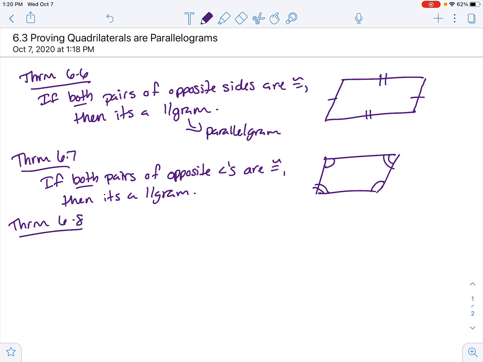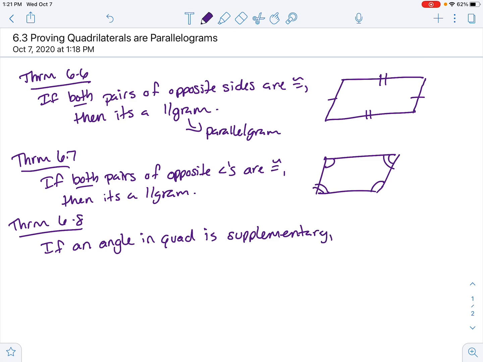Okay, theorem 6.8. If an angle in a quadrilateral is supplementary, what's supplementary mean?